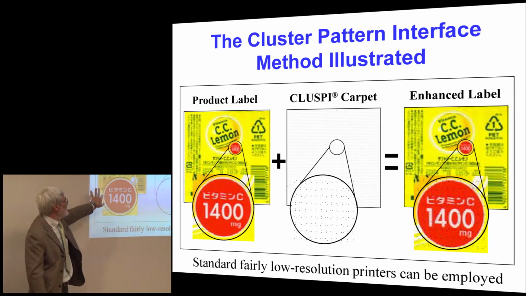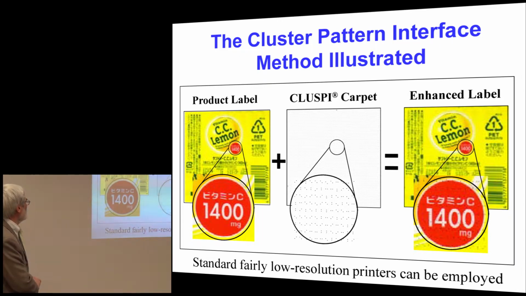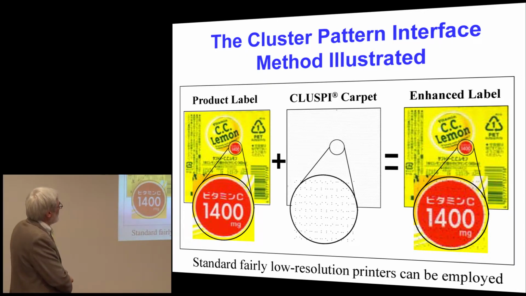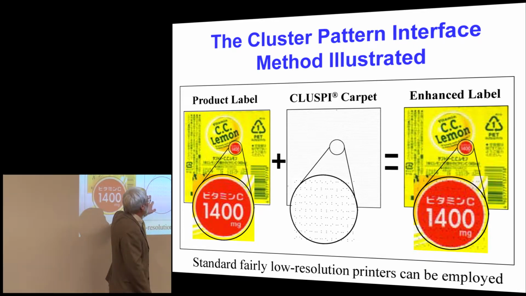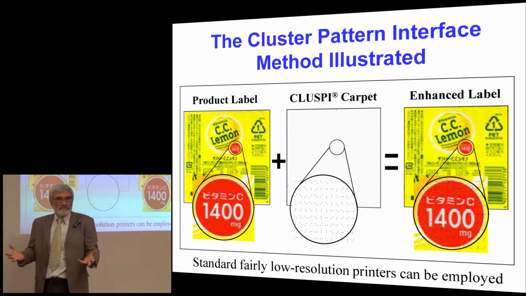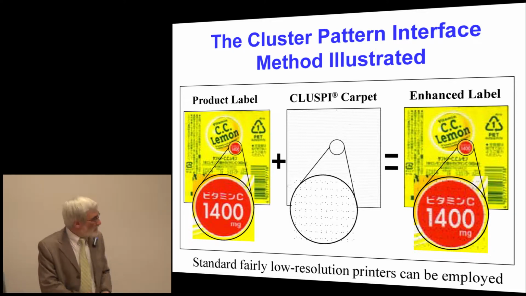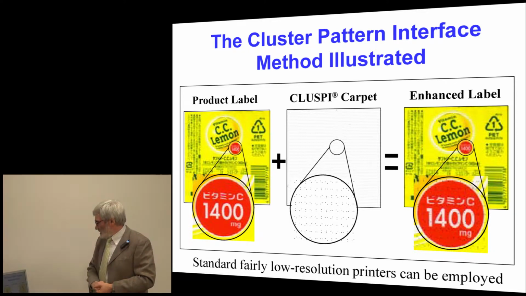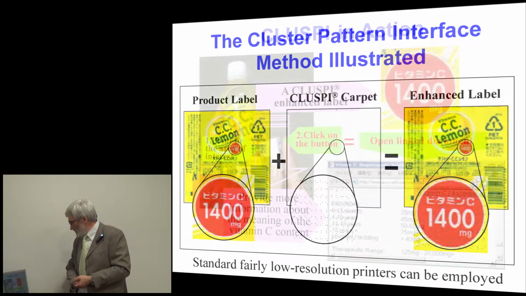Like this is a label of a bottle with a non-alcoholic drink. When the code is superimposed and integrated with the label, here is what you get, and it's practically invisible. This is just enlarged in order to demonstrate how it looks. But at normal zoom, it's practically invisible.